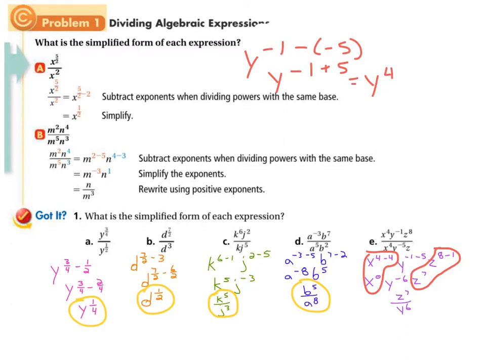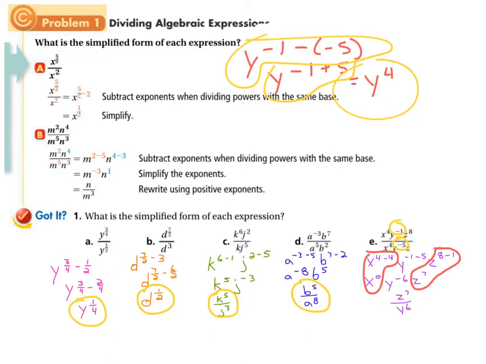Do you see what I did there? I made a mistake. I should have subtracted these two numbers. Maybe you already can see it, and so I'm beating it to death, but I should have done that minus that, and that looks like this up top, which actually then looks like that, which is this. So that y, it's not y to the negative 6, it's y to the 4th.